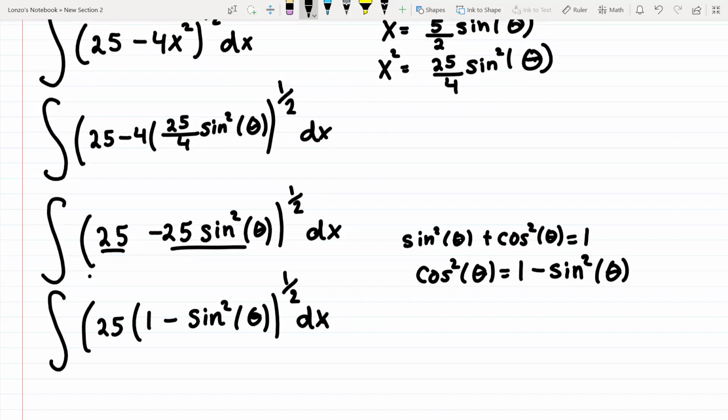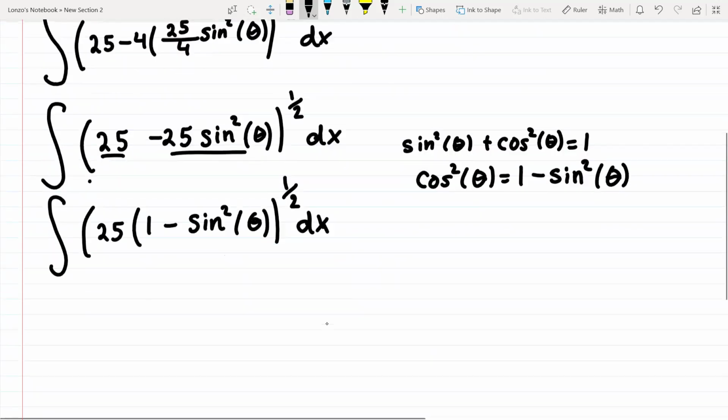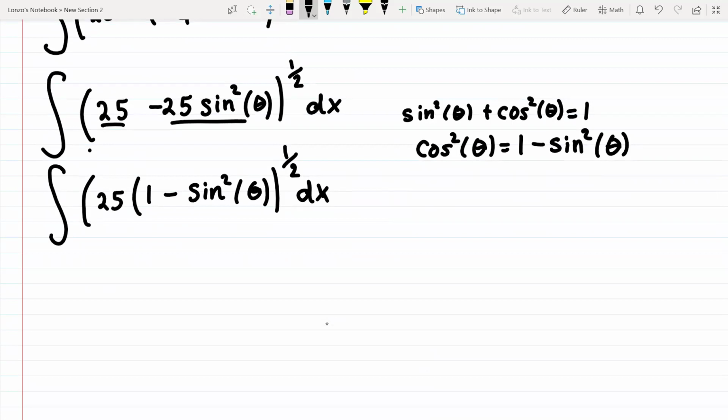Okay, so we're going to replace 1 minus sine squared theta with cosine squared theta. So let's do that. So 1 minus sine squared theta is cosine squared theta.